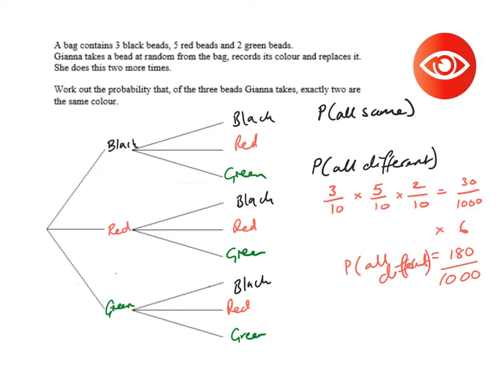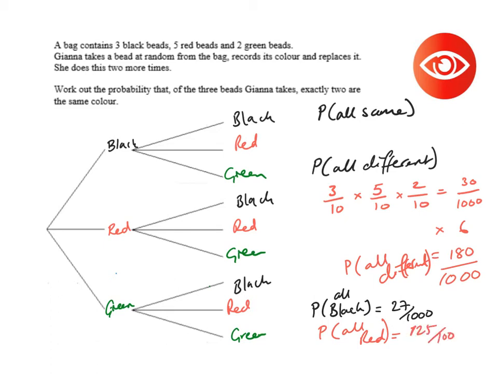Now the probability of them all being black is going to be 3 times 3 times 3, 27 over 1000. The probability of them all being red is going to be 5 times 5 times 5, which is 125.